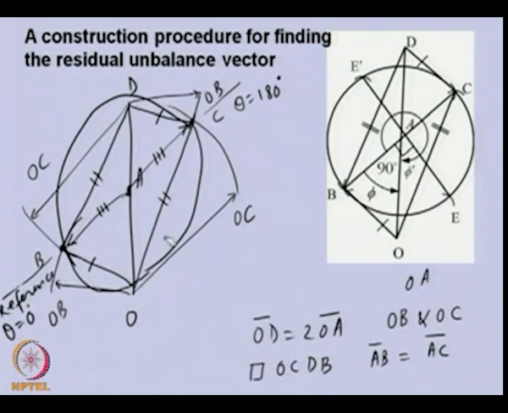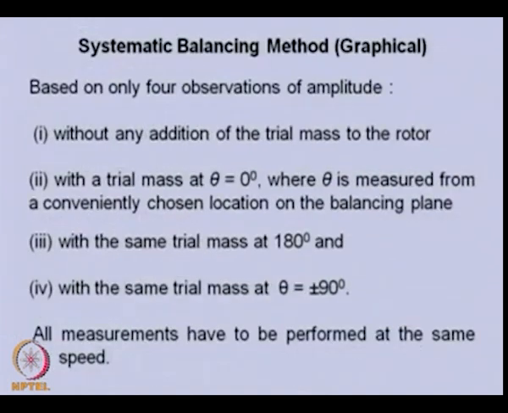But how to decide whether we should measure the angle counterclockwise or clockwise? So basically the fourth measurement will give us the direction of the angle, either clockwise or counterclockwise.